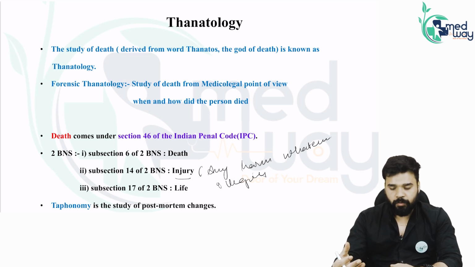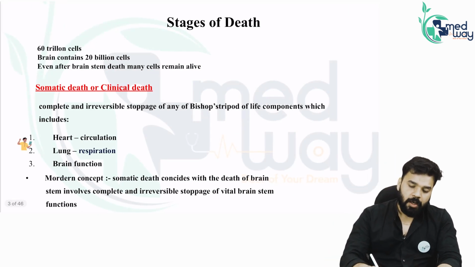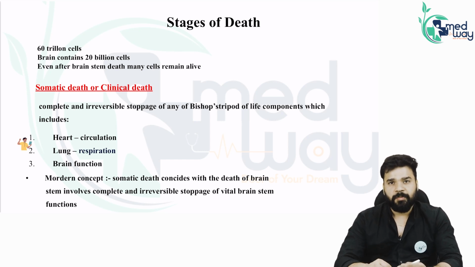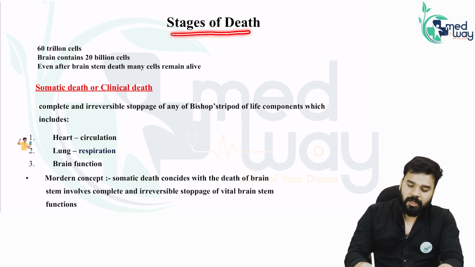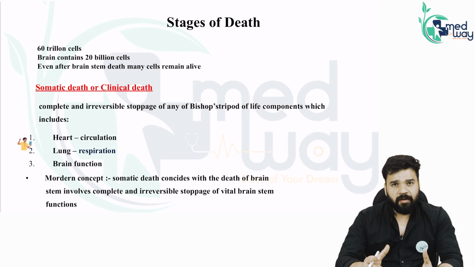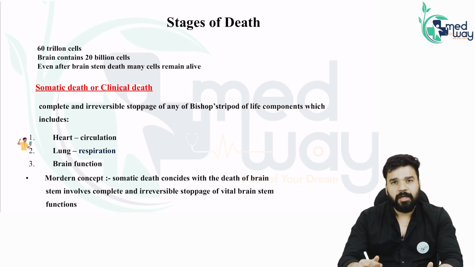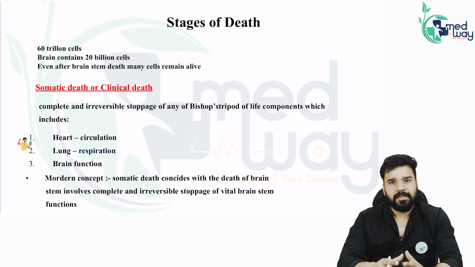Okay, now moving forward, what are the stages of death? What happens after death is an irreversible process. There are stages of death, of which the first is somatic death or clinical death. After somatic death, we mostly declare the person dead and death certificates can be made.